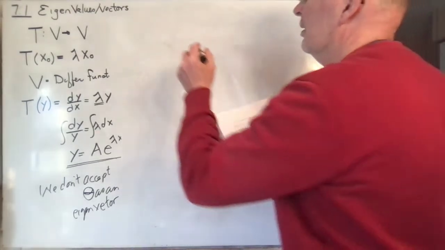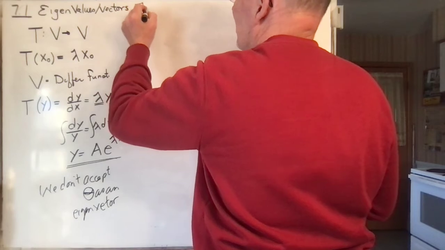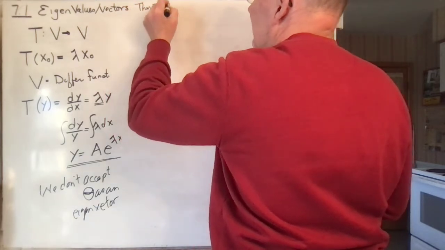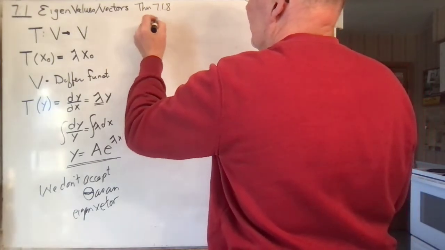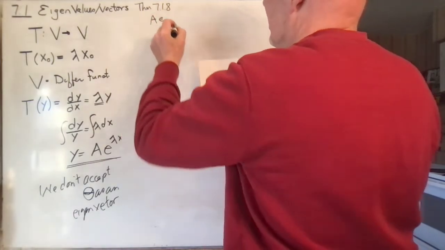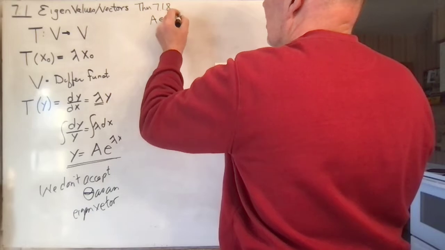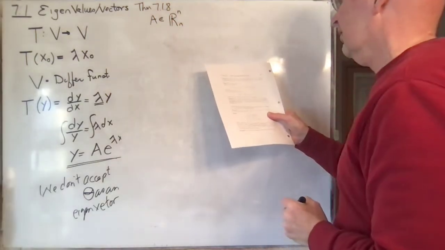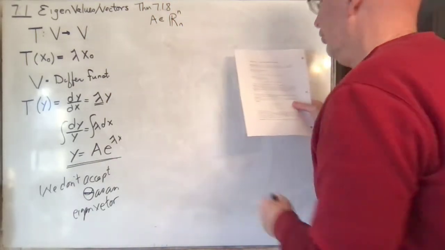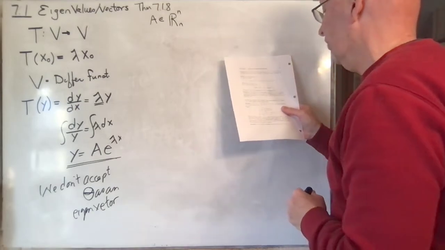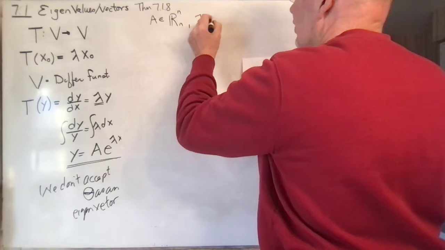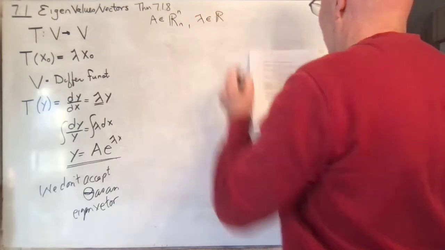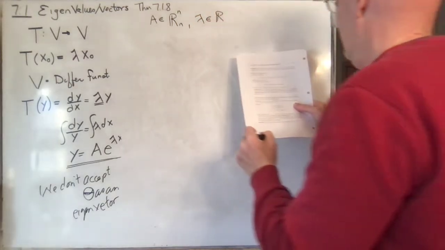It says A is an n by n matrix. We're going to be using just 2 by 2 matrices, but I just want to show you that this is true for everything. And lambda is a real number. It's a scalar.